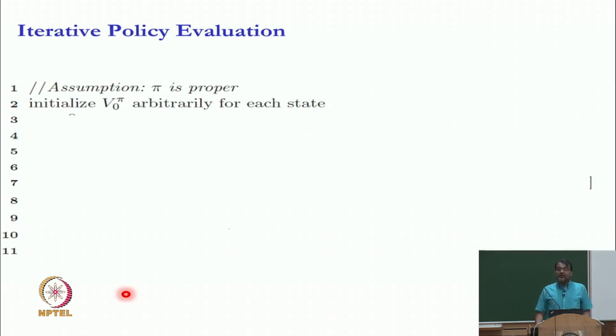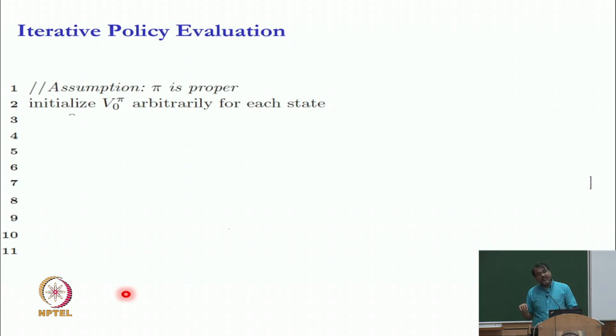If that does not happen, think about what happens. With 0.2 probability I do not reach the goal starting in state S, then what happens? Its V pi becomes infinite, because it becomes 0.2 times infinity plus 0.8 times some finite cost, and that we do not like. So, we will assume that my policy pi is proper.